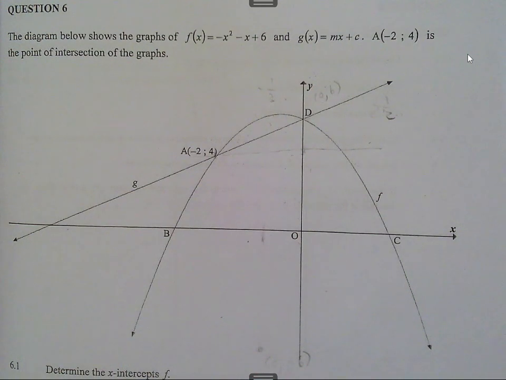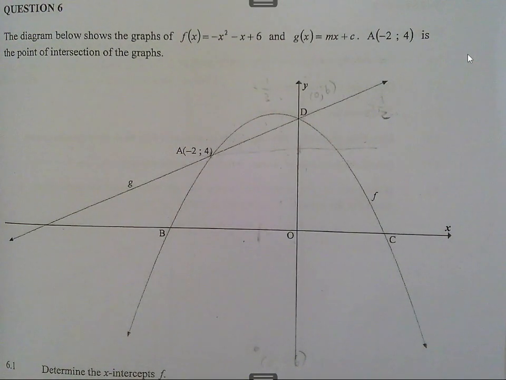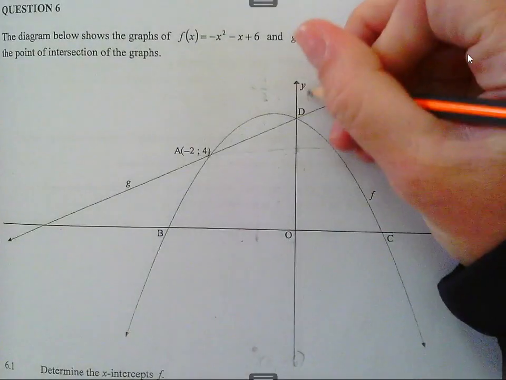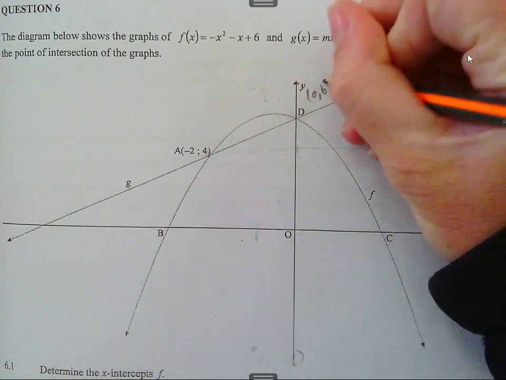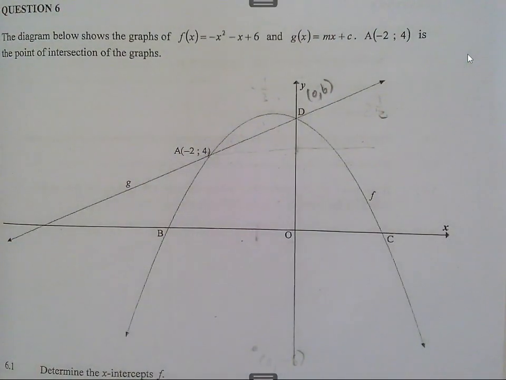What is D's coordinate? 0 and 6. So when you see that, you write it down on your graph, because that's another piece of information that I can use. And do you realize that means I already have C on the straight line, actually?